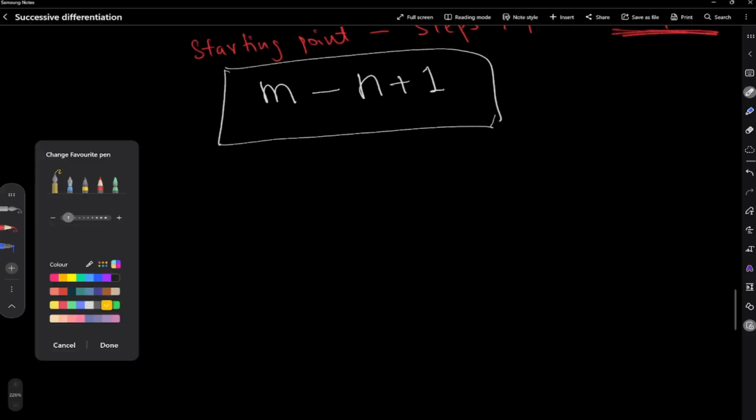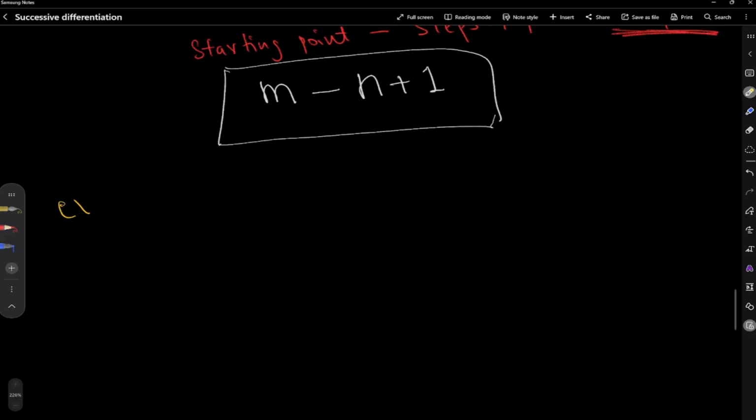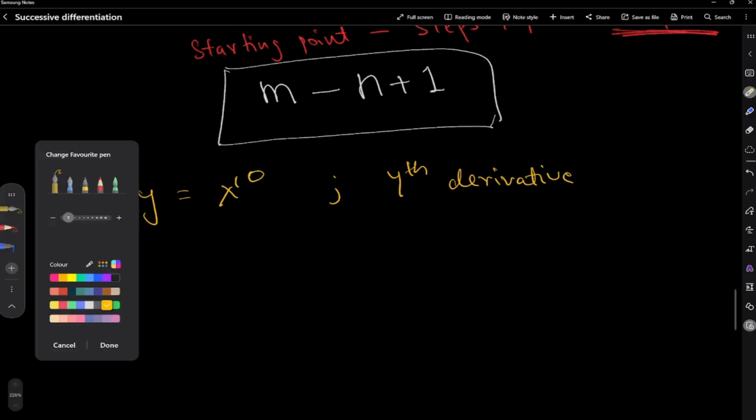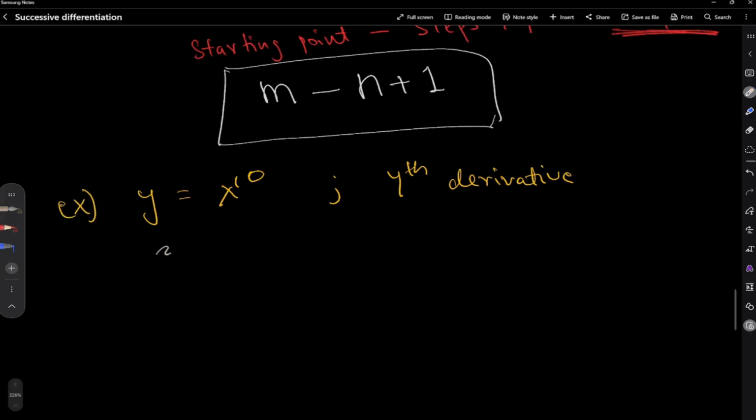I'll take the example again. y equals x raised to the power 10. We need to find till the 4th derivative, and this is very interesting. First derivative will be 10 times x raised to the power 9.